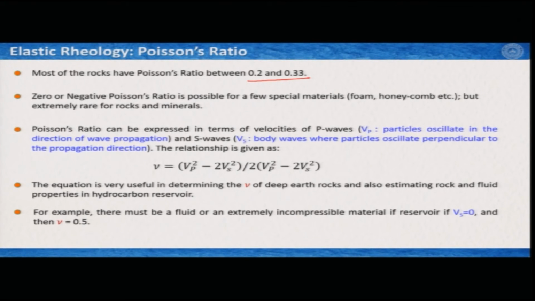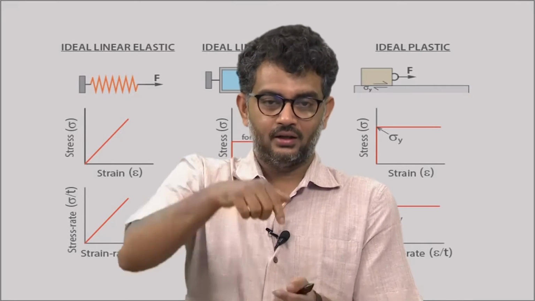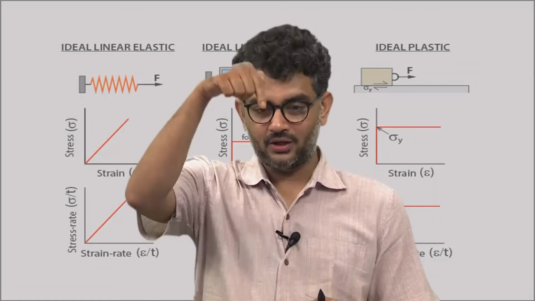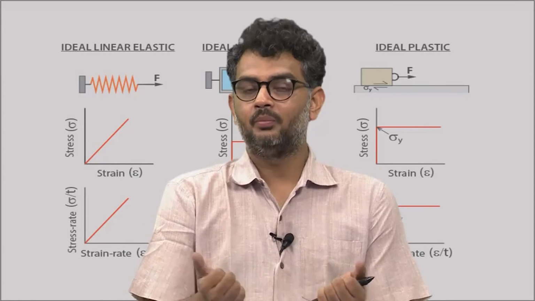So, you can see that these two terms are very important: one is oscillating along the propagation direction and another is oscillating perpendicular to it. Is it not very similar to the way that if we compress this side, the other would be extended? So, one is perpendicular and one is parallel.